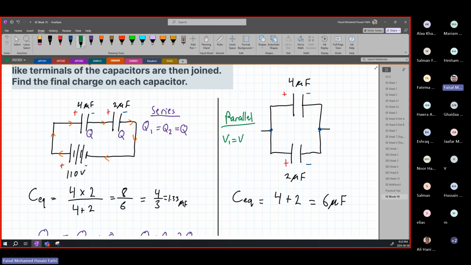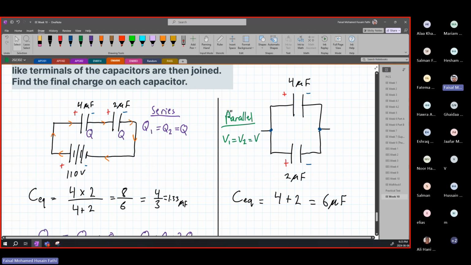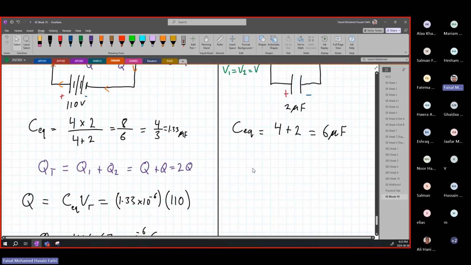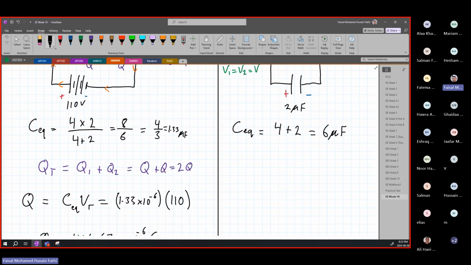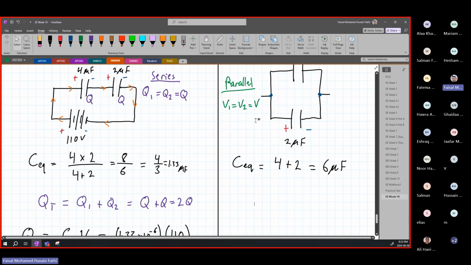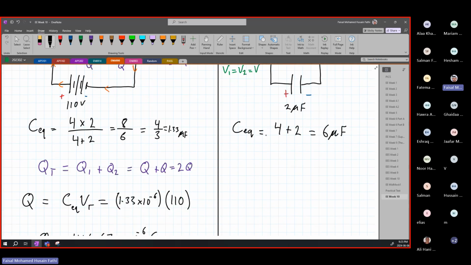V1 equals V2 equals V. The voltage across both of these is now equal, because they're connected in parallel. We know that voltage is the same for a parallel connection. How can we find our Q in this case? Using the exact same equation. Since the voltage is the same for both, we can find Q.